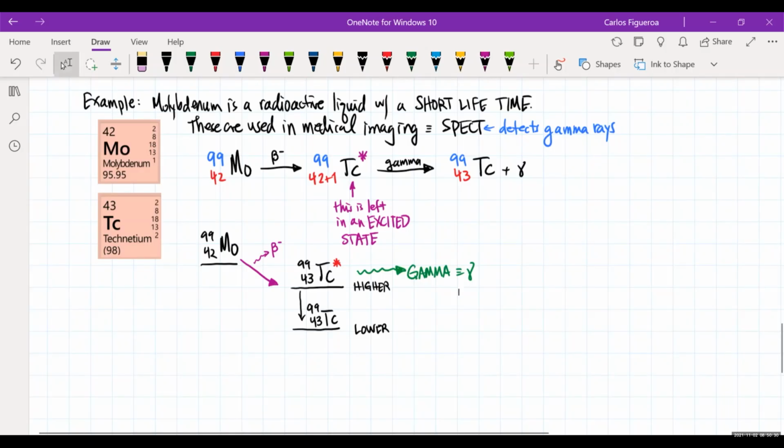And it is these gamma rays, these gammas, that are detected by the apparatus SPECT. And these are images that they can produce.